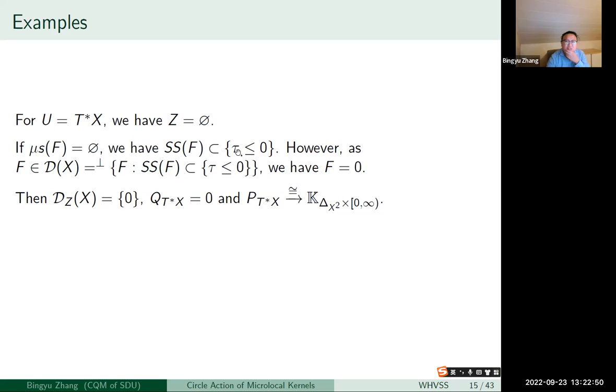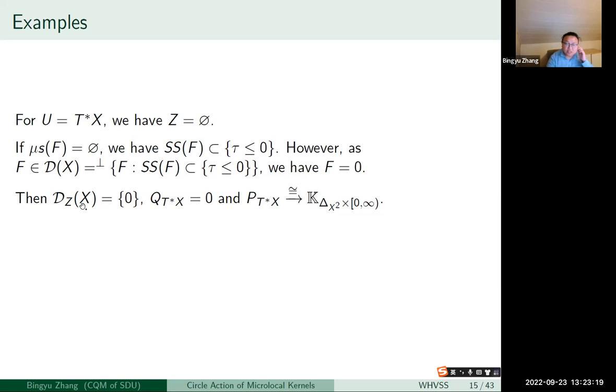It means that the microsupport is zero, called non-positive. And then if I have a sheaf in the Chiu-Tamarkin category, but its microsupport is also non-positive, then since you can think of the form as an inner product of sheaves, if something is inside itself and its orthogonal complement, then the sheaf is zero.